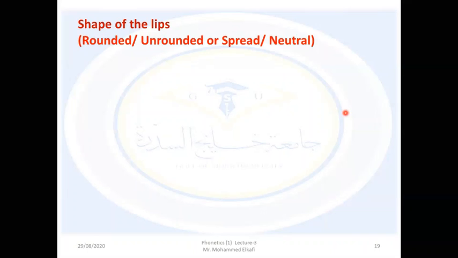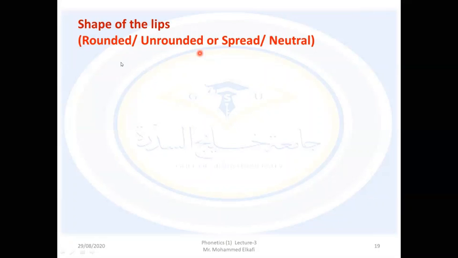The last thing that should be described when we want to describe a vowel is the shape of the lips. We can describe them as rounded, unrounded, or spread, or even neutral.